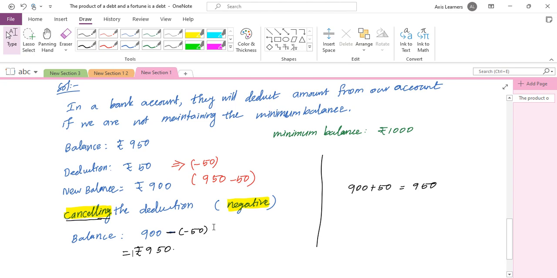So why did it happen? Because my account is a zero balance account. I can maintain it with zero balance, so only it is happening. Got it?